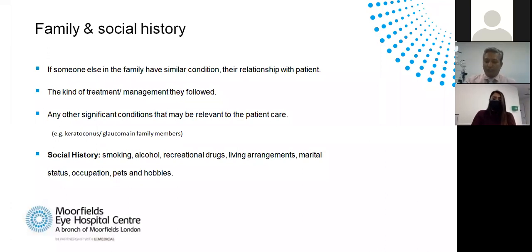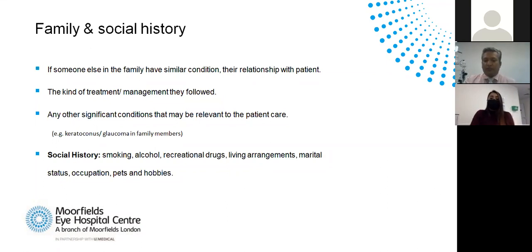And there are a few treatment plans that may have some restrictions based on the lifestyle as well. Say for example, if someone wants to get a laser treatment like LASIK, the refractive surgery done, not all refractive surgery may be suitable for all kinds of lifestyle.